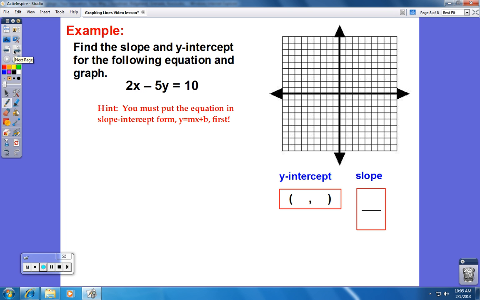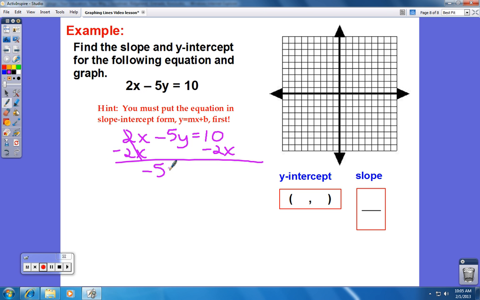One more example here. What if we have the equation of a line, but it's in standard form? Well, if we want to graph using slope-intercept form, we'll take standard form and solve to put it in slope-intercept form. That means we'll solve for y. To solve for y, we'll move the x over to the right by doing the opposite.